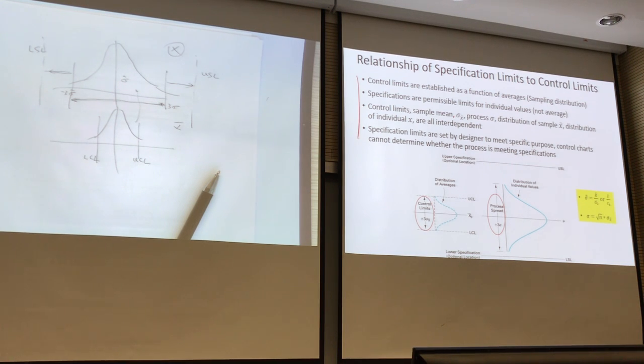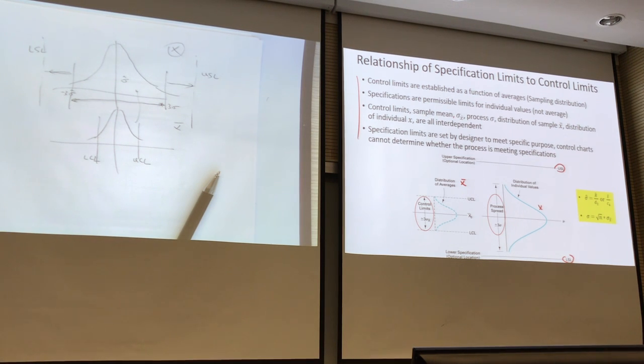So this is what I just mentioned. Upper spec limit, lower spec limit, and this is the plot of X. Okay? So this is the plot of X bar. There is a relationship there, right? The process mean and the control limit mean should be the same, right?